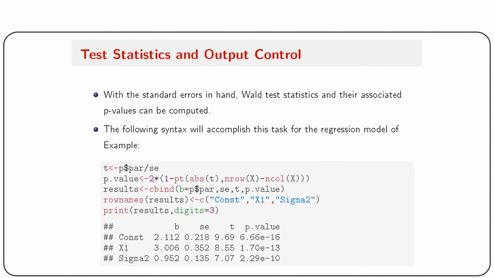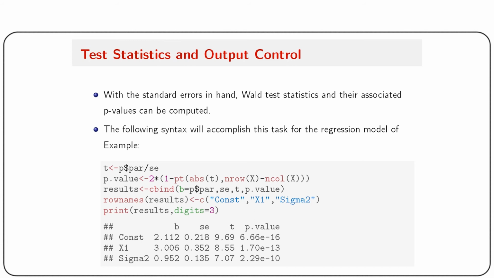That will give you this table of the regression analysis, where the first column provides the estimates of all the 3 parameters, beta naught, beta 1 and sigma square: 1.73 for beta 1, 3.61 for beta naught, and 1.07 for sigma square, whereas the standard errors are 0.2, 0.365 and 0.15.